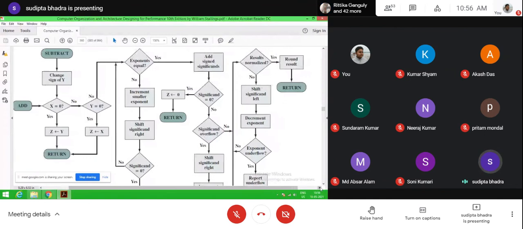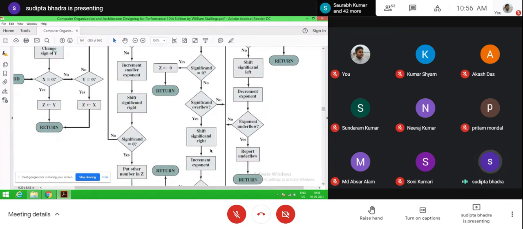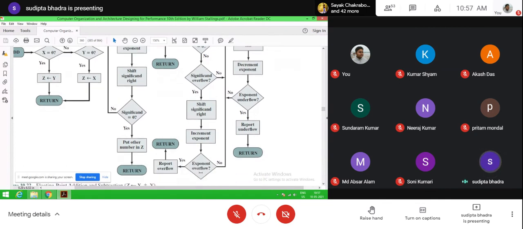This part is very important: in case of significant overflow, the bits are shifting from the MSB, which means the decimal point should be shifted towards left. So shift the significant right, and that means increment of exponent. If you increment the exponent, there is a chance of exponent overflow. If there is exponent overflow, then report overflow and stop the job.